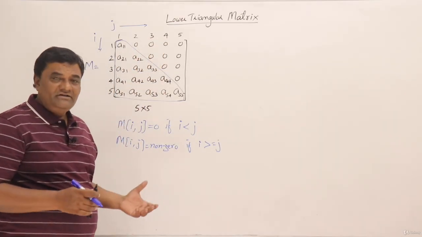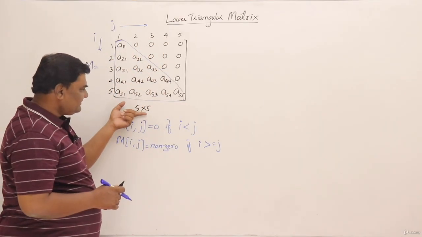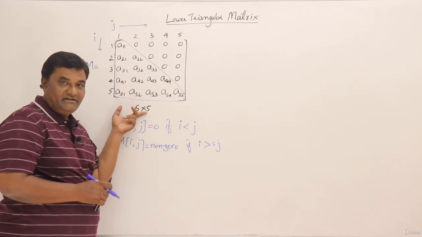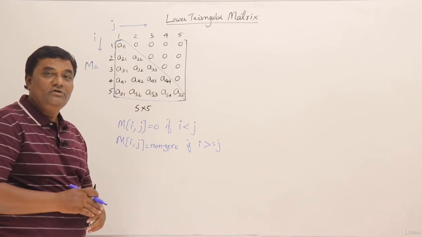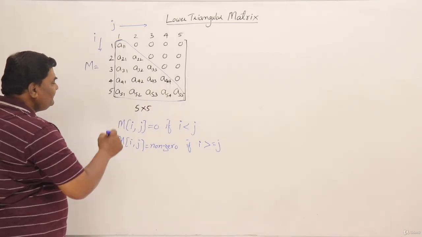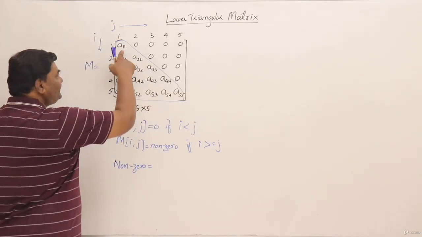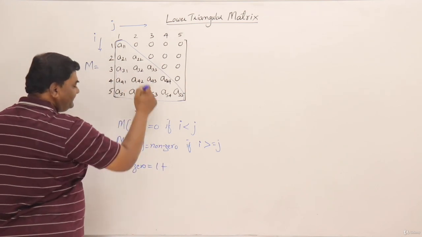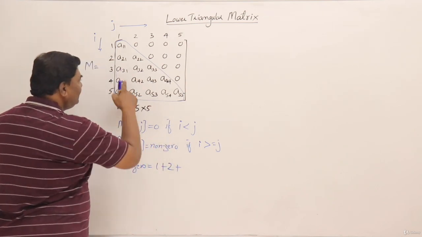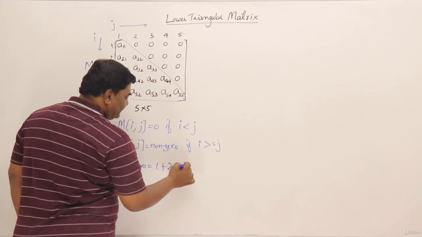Now let us observe in the matrix of n cross n, that is 5 by 5, total 25 elements are there. Then how many elements are non-zero? First row is having one element. Second row is having two non-zero elements. Third row is having three non-zero elements.